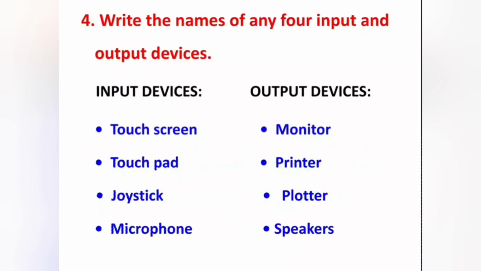Input devices: touch screen, touchpad, joystick, microphone. If you want to write keyboard, mouse, anything else, those are also input devices. You can write anything. So input devices: touch screen, touchpad, joystick, microphone, keyboard, mouse.